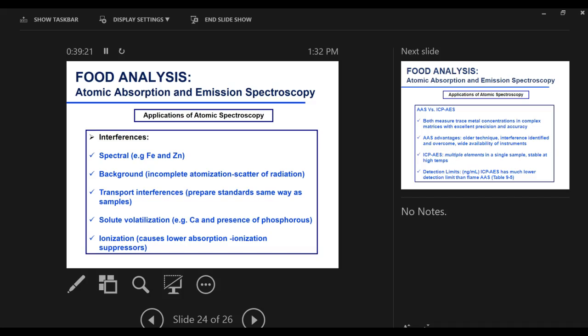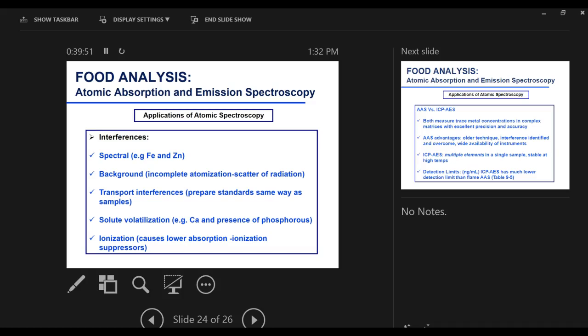Interferences that cause over or underestimation. This is important for your lab report question 4. Sometimes you have, as I mentioned earlier, spectral interferences. You have elements that absorb light in very similar ranges. For example, iron and zinc: their maximum absorption, or lambda max, are very close in terms of wavelength.